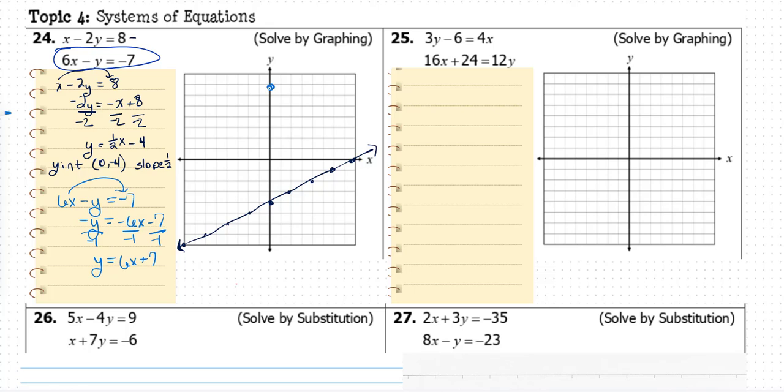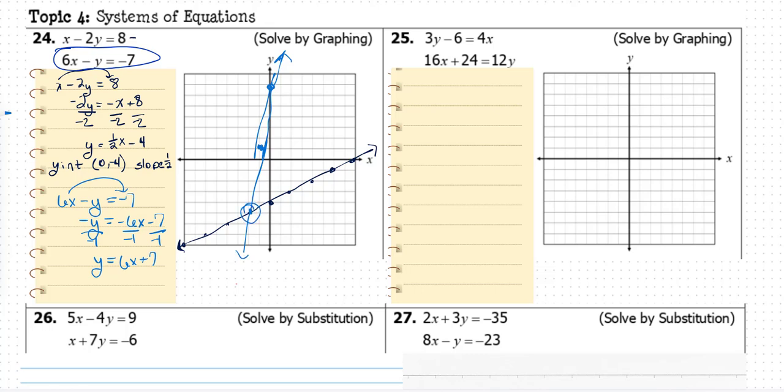So my y-intercept is at 7. And to go to the right, I would need to rise 6 and go right 1, but that's off my graph paper, so I need to go back left. Drop 6, go left 1. Drop 6, go left 1. And then I'm off the graph. But when I did it this way, you can see where they intersect.